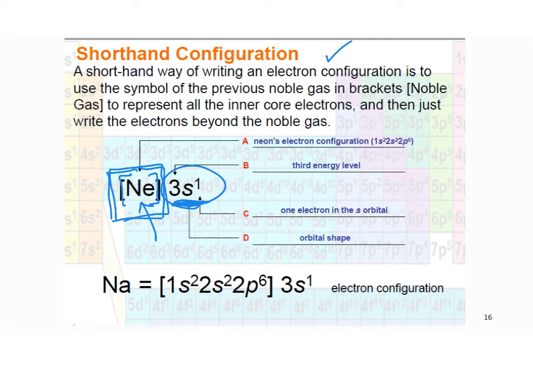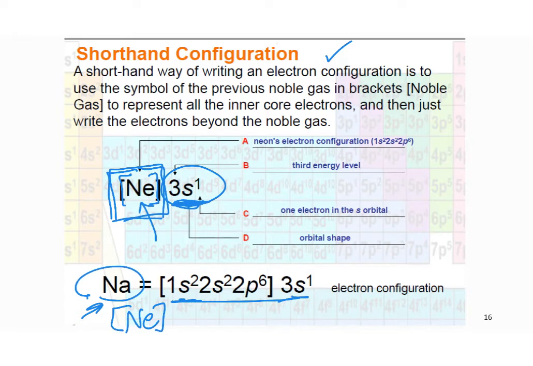If you were to write out the electron configuration for sodium, it would be like this: 1s2, 2s2, 2p6, 3s1. To write the shorthand electron configuration for sodium, you would look at a periodic table, identify the noble gas, that's group 8A on the far right, the nearest noble gas before sodium on the periodic table, and that happens to be neon.